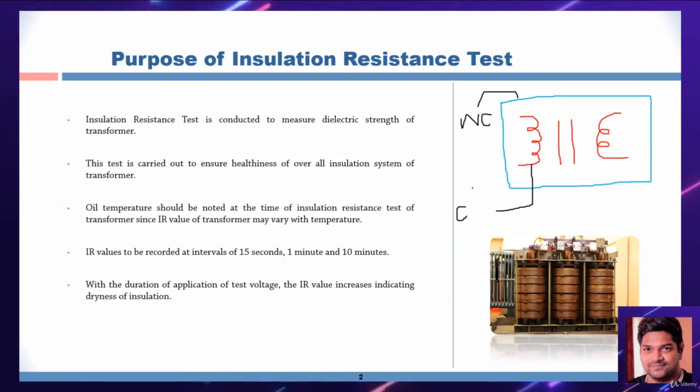In case of transformer, I hope by now you know which parts of transformer are conducting parts. Well, you've guessed it right. Transformer windings and to an extent transformer core are the conducting parts, because talking about the high voltage winding, we apply a high voltage across our winding, which results in the flow of primary current, which is 16.53 ampere in our case.